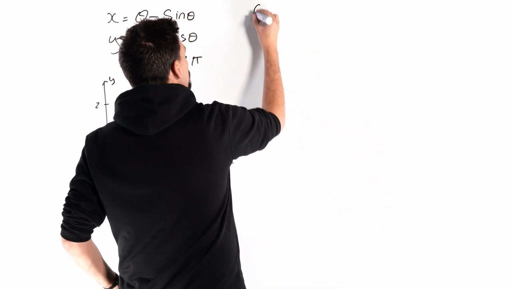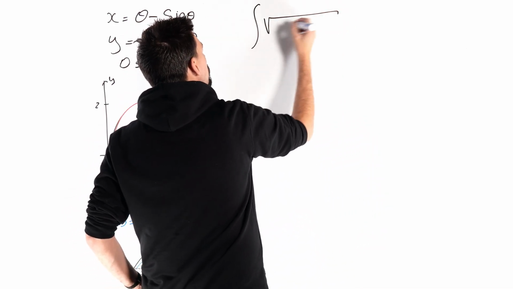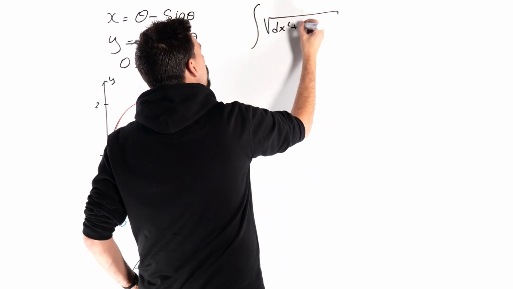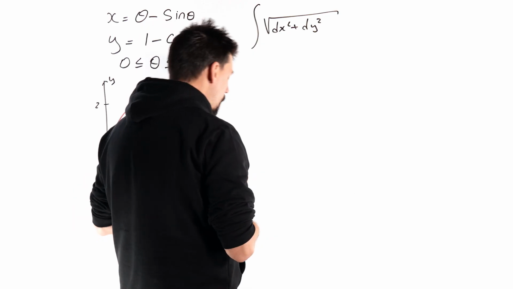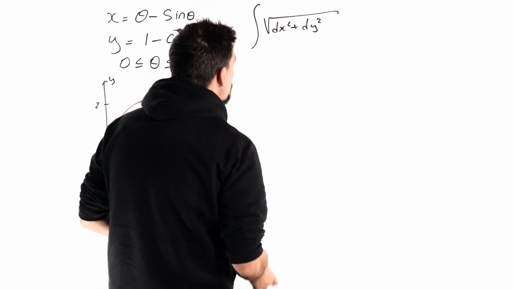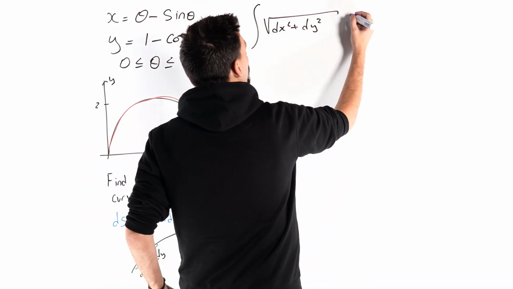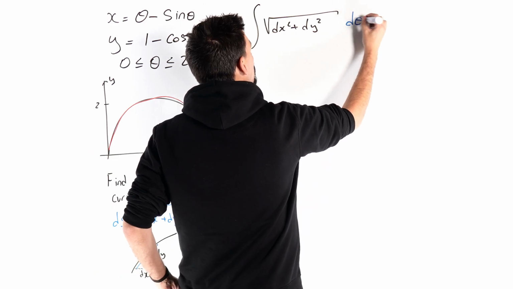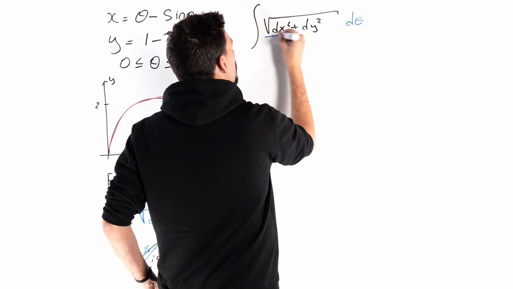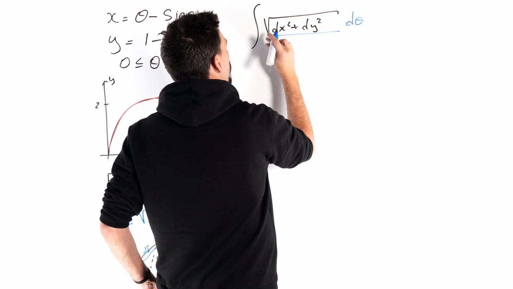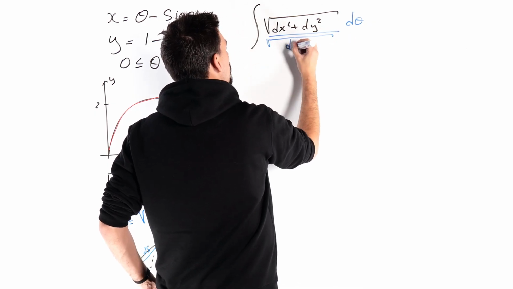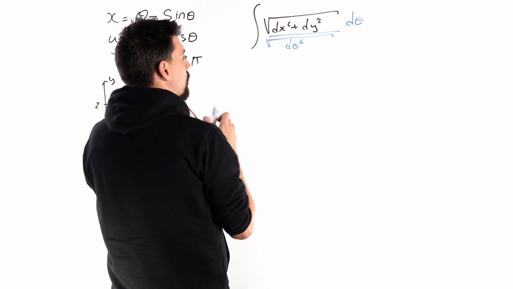So we need to integrate the square root. We're going to add up a whole bunch of these. Now what we're going to do, much like always, is multiply by d theta and divide by d theta. But the way I'm going to do that is I'm going to divide by d theta squared.